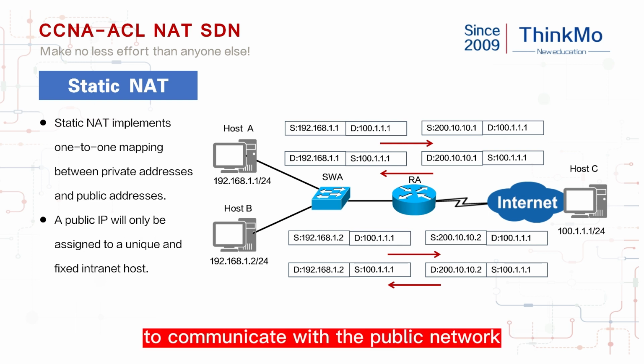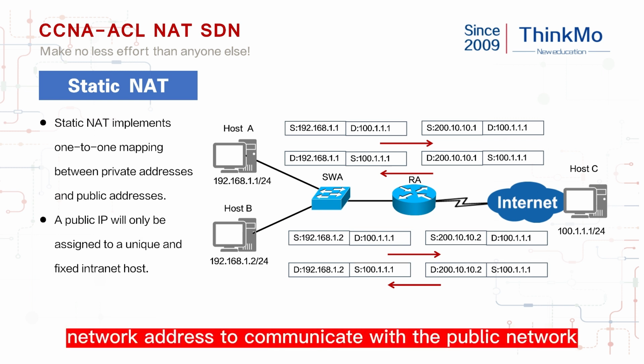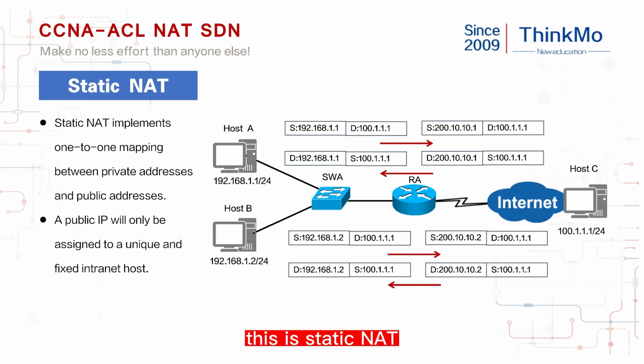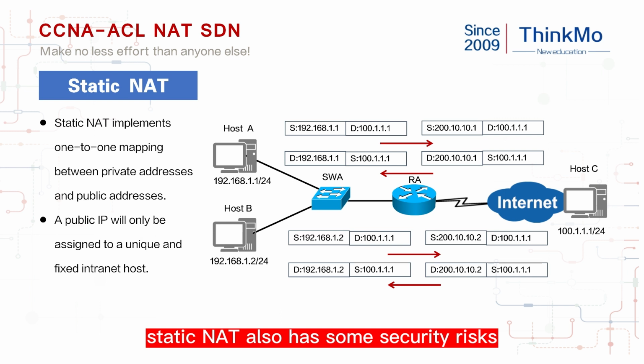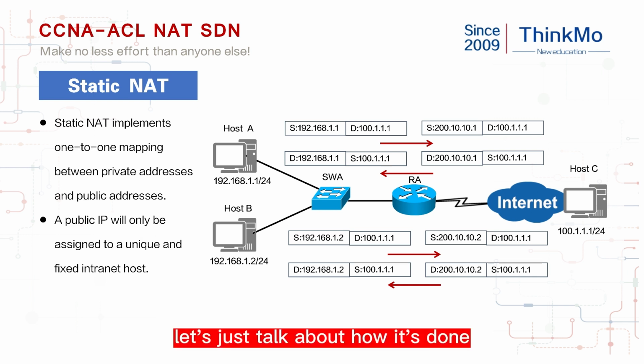Then why don't I directly use the public network address to communicate with the public network? This is static NAT. Of course, static NAT also has some security risks, but let's not talk so much, because now it's useless. Let's just talk about how it's done.